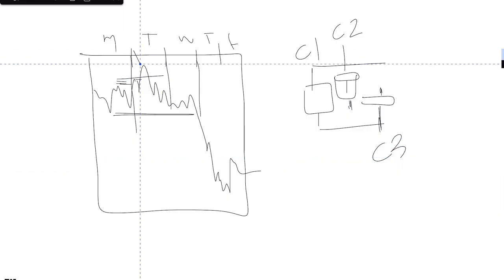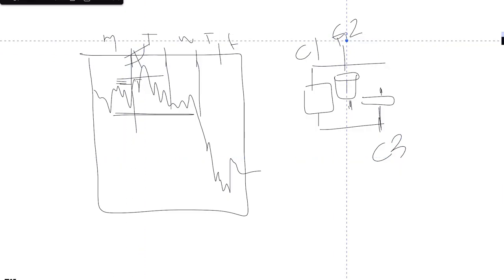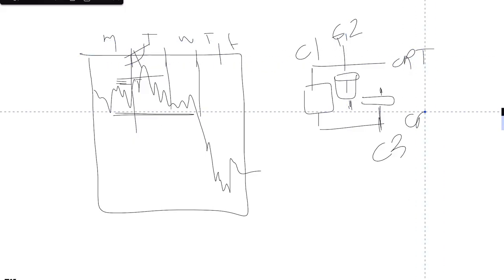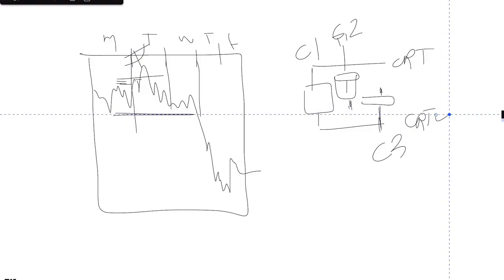Turtle soup right there. And then on Wednesday, they enter all the way down to Monday's low, right? So candle 1, 2, 3, and that's all they trade. That's how they've had an immense amount of success with trading just this.